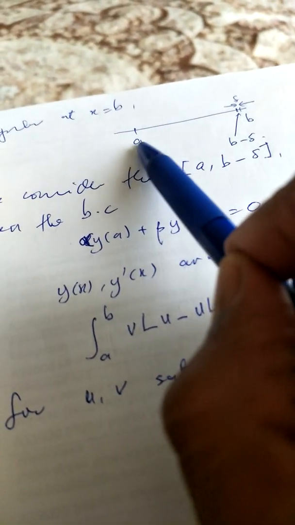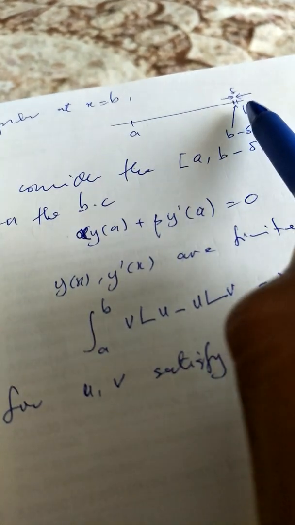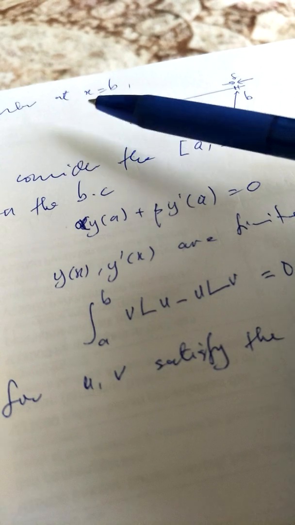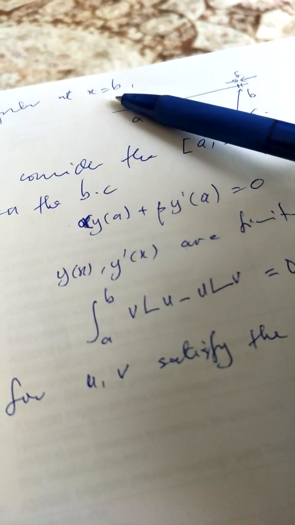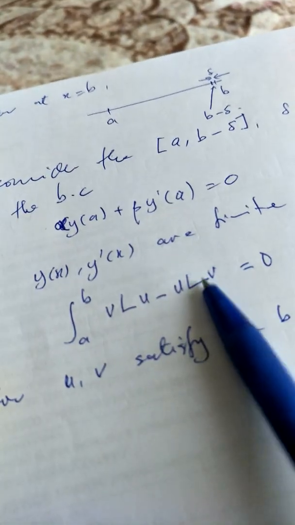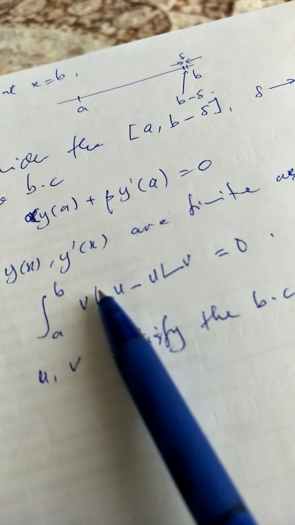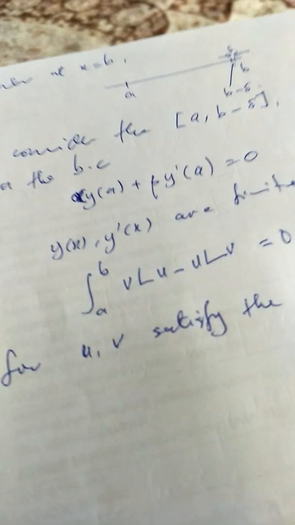Okay, so now we have considered singular at point a, and we also have considered singular at point b. For both of the cases, we can show that the problem is still self-adjoint. So what if we have singular at both points?